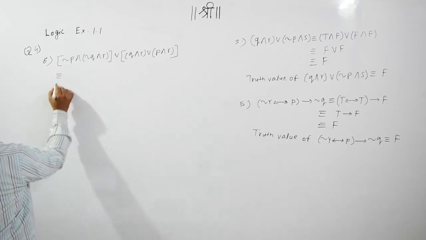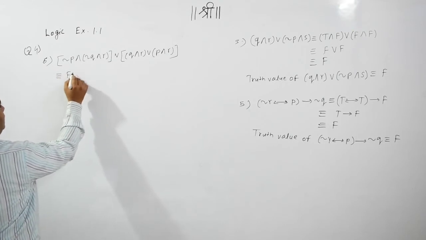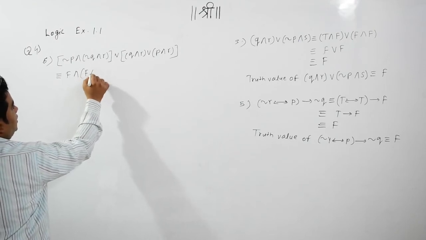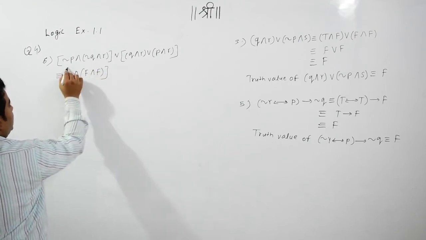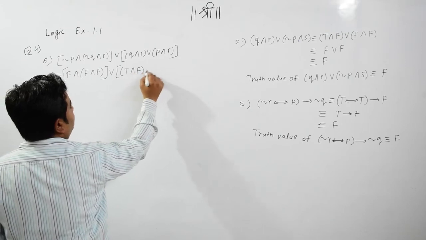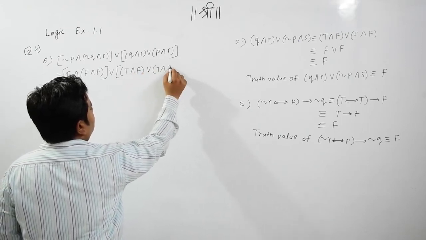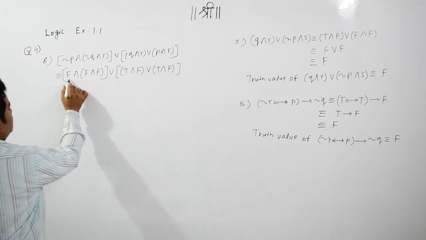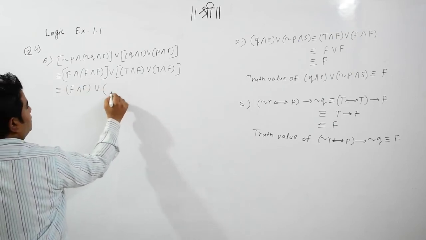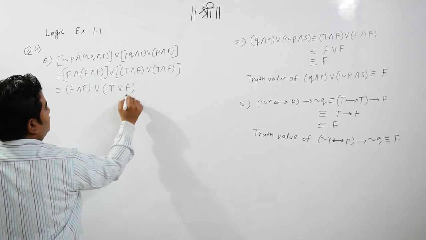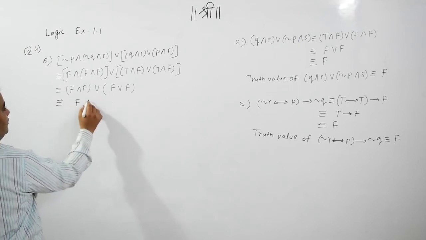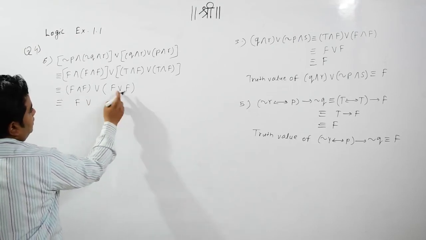Within 1 minute can we solve it? Yes, we can. The negation of P is F, so this is F and F, bracket completes, or this is T and F, or T and F. So F and F is F, and F or F is F, like 0 plus 0.